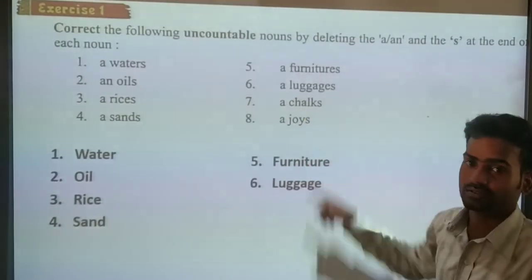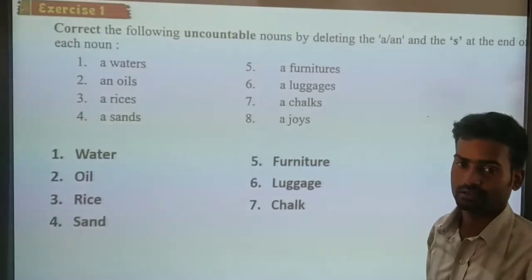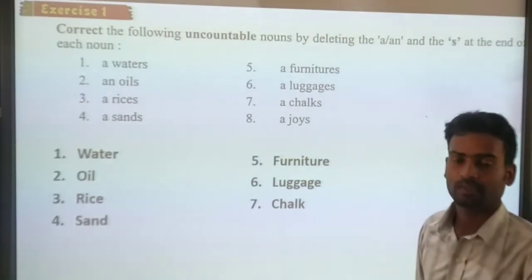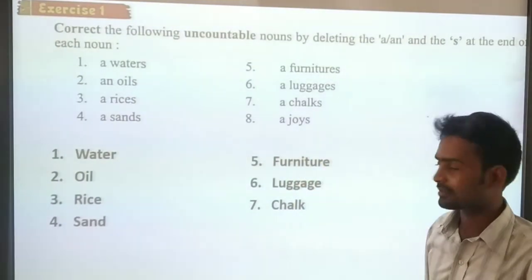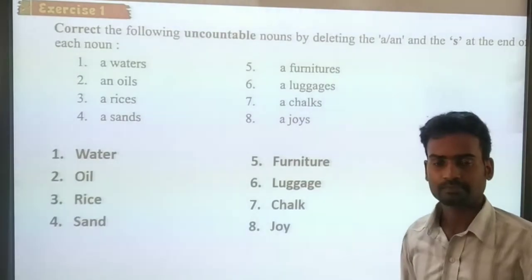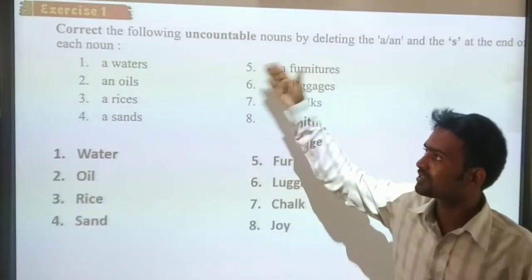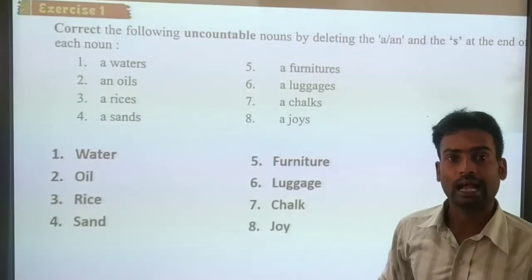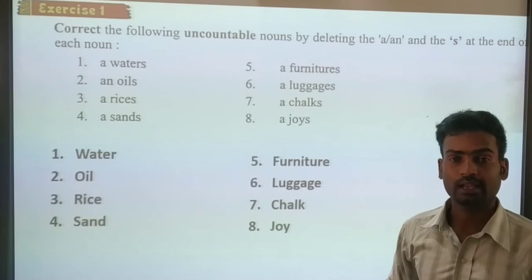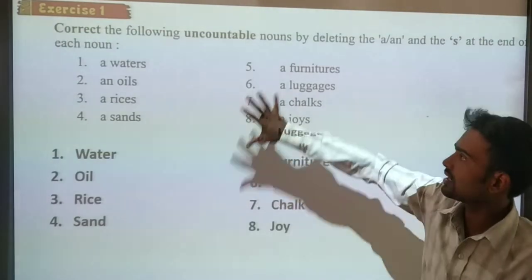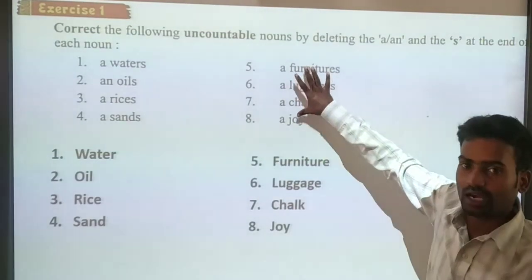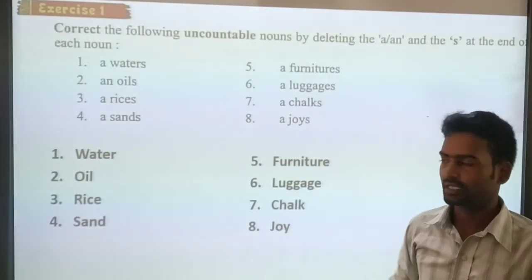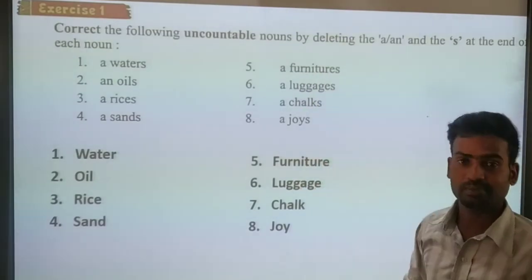And chalks, no, chalk is the correct one. And joys, no, dear children, we have to remove a and S: joy is the correct one. We have to remove a and S in uncountable nouns. These were mistakes given, and we make them correct. So this is a proper uncountable noun.